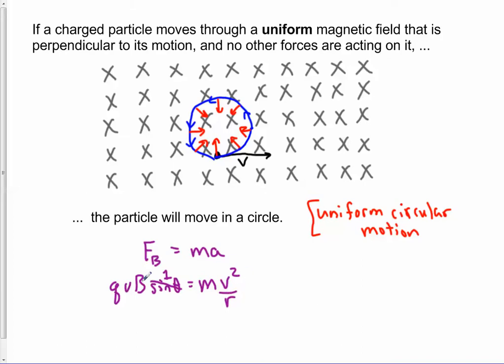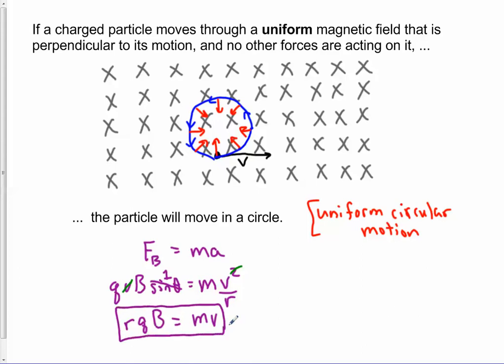Okay, so we have qvb equals mv squared over r. One thing is we can cancel a v from each side. And so that leaves qb equals mv over r. Just to write it in a neater way without fractions, I'm going to move the r over here. So I'm going to write rqb equals mv.